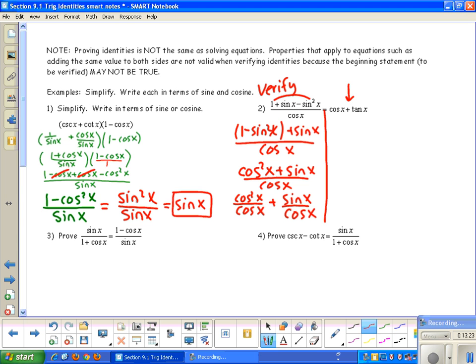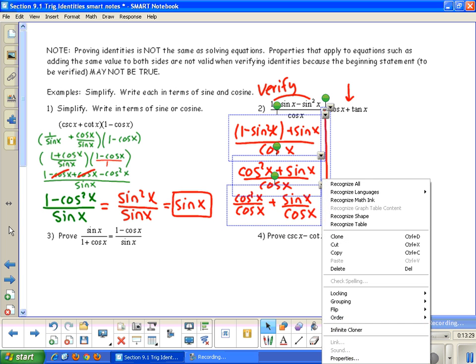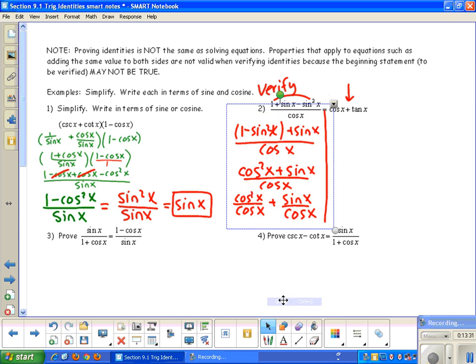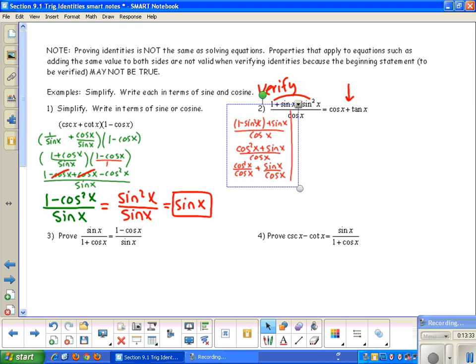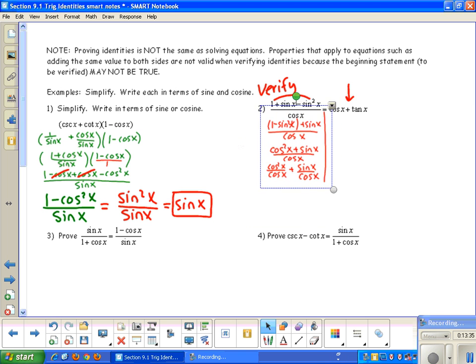And notice when I did that, cosine squared x over cosine x just becomes cosine of x, because it simplifies. So we have cosine x plus, and sine over cosine is tangent x. And notice that this side now equals that side, so we are done.